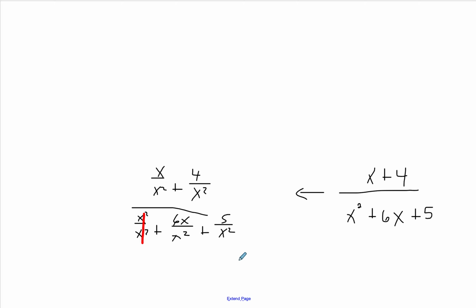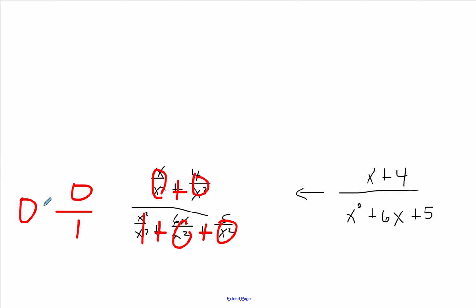I've got these fractional terms, and as I put in 1,000 over 1,000 squared or 1,000,000 over 1,000,000 squared, each of these numbers is getting closer and closer to 0. So just send them all to 0. So 0 plus 0 is 0, and 1 plus 0 plus 0 is 1. 0 divided by 1 is 0. That is the physical way that we find the horizontal asymptote.